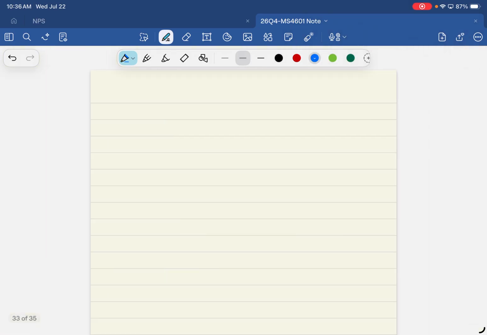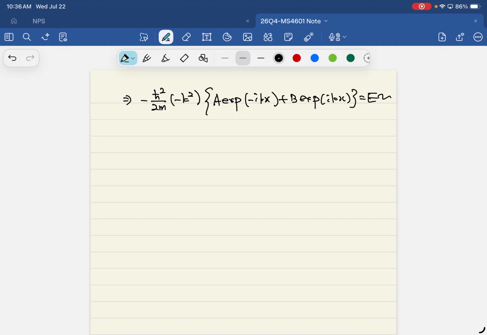And then if we write down, there is minus h bar square over 2m minus k square, and here this is A exponential minus ikx plus B exponential ikx equals E psi.